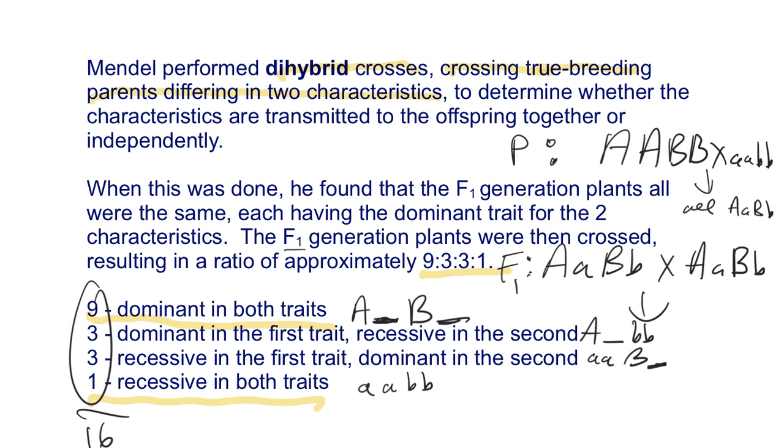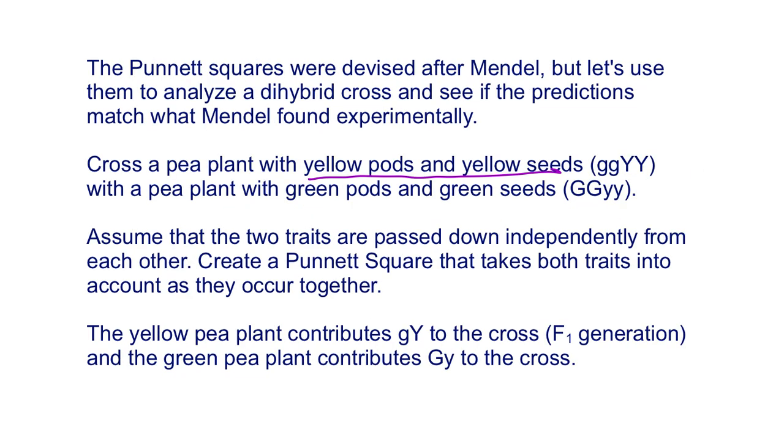So you could remember the 9:3:3:1 ratio instead of doing the whole thing out. They should have given you a little legend box here. So little g is yellow pods, and big G is the green pea pods.